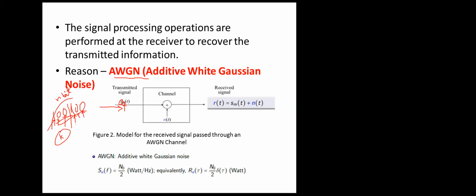For an n-bit signal, or n-bit sequence, we have some information rate, that is the number of bits being transferred. When this entire signal is being transmitted through the channel, we have some noise adding to it. That is why we have the name additive.